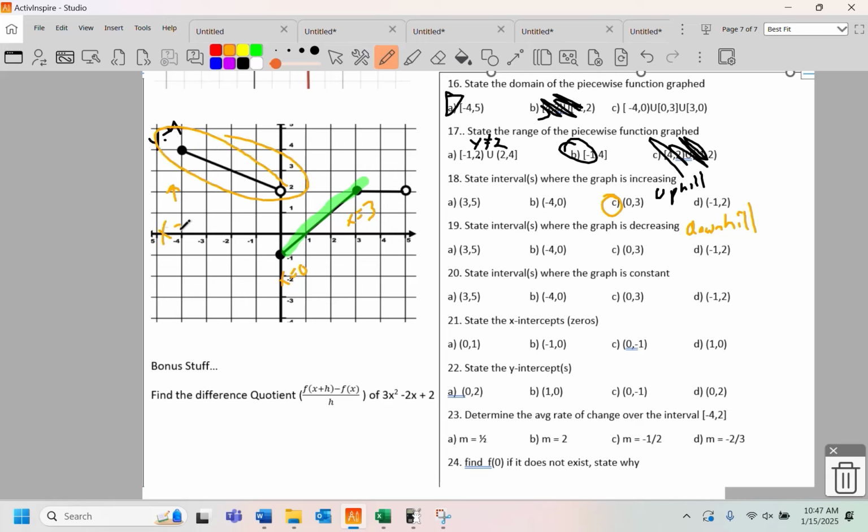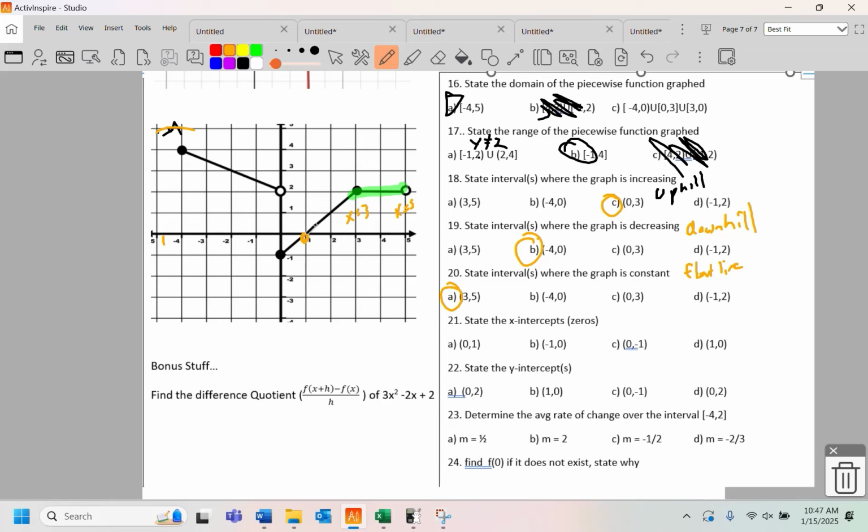It starts when x is -4, and it stops when x is 0. So -4 to 0. Constant is your flat line. Flat line starts when x is 3, and it stops when x is 5, 3 to 5.